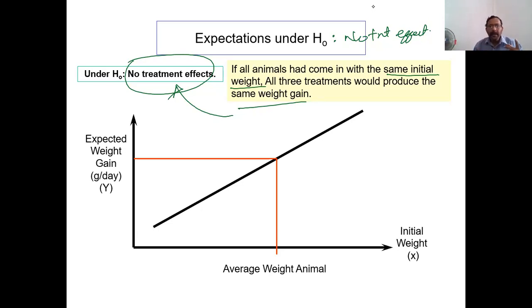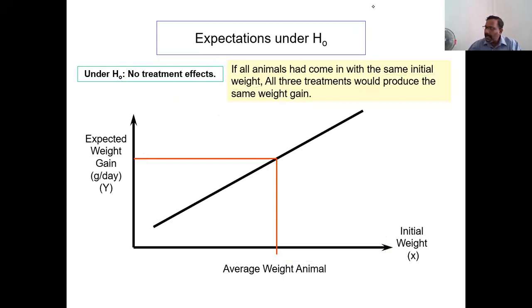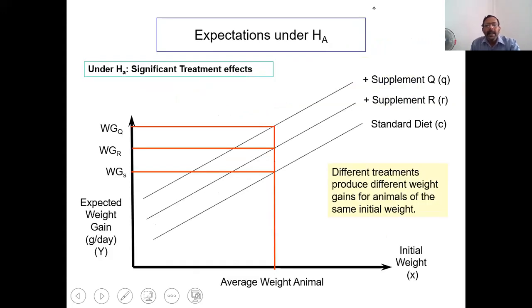Am I right? Yes, that is what we are saying. So the average weight of the animals for all treatments is the same. So expected weight gain for all treatments is the same, right? So that is a theoretical aspect. But if it comes, then we could say that is no treatment effect. But on the other hand, right?